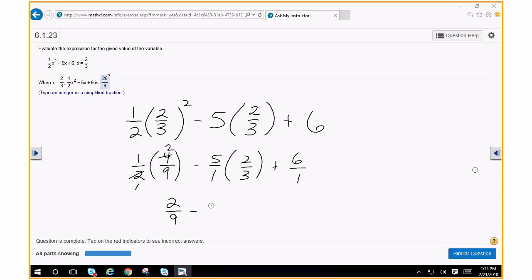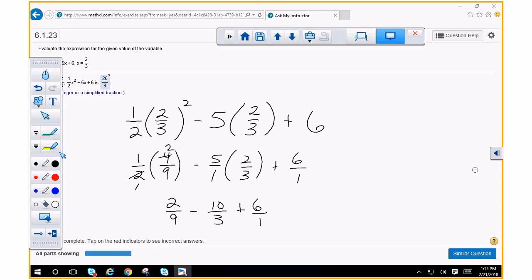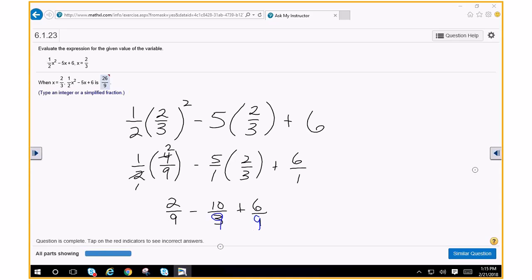Minus 10 over what? 3, plus 6 over what? 1. And what's the common denominator? 9. So I'm going to put a 9 here and a 9 here. 3 will go into 9 3 times. 3 times 10 is what? 1 will go into 9, 9 times 6 is 54.